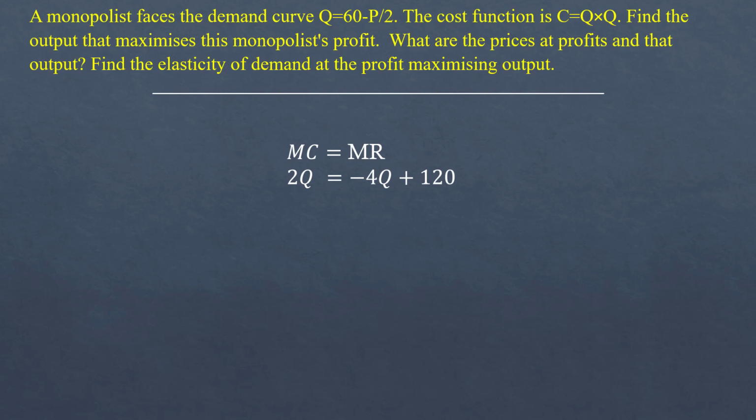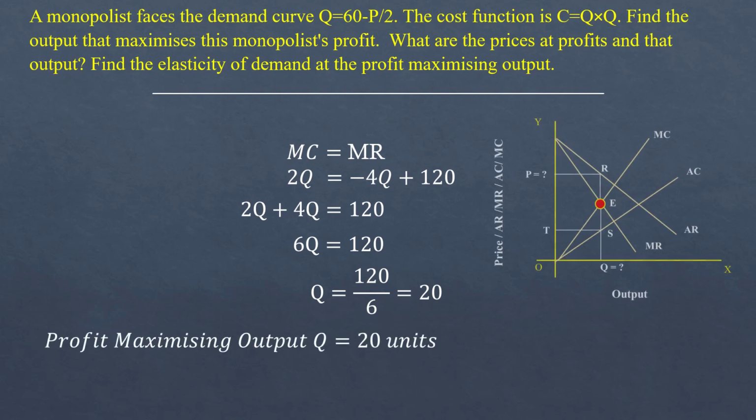To solve for Q, take minus 4Q to the left hand side. 2Q plus 4Q equal to 120. Simplify. 6Q equal to 120. Q equal to 120 over 6, 20. Profit maximizing output is 20 units.